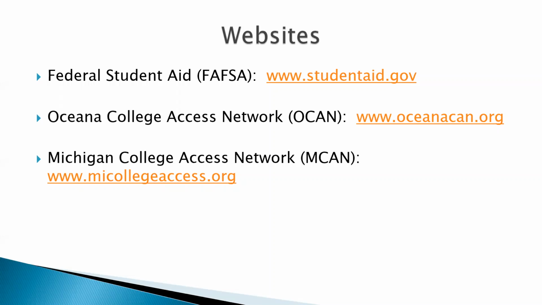So I would highly recommend for student loans or scholarships or whatever it is, that if you have questions, you go there first. They also have a chat bot. I forget what his name is, but you can connect to their chat. He actually has a name and I don't remember what it is on that site. And that chat bot can also help you through the FAFSA as well.